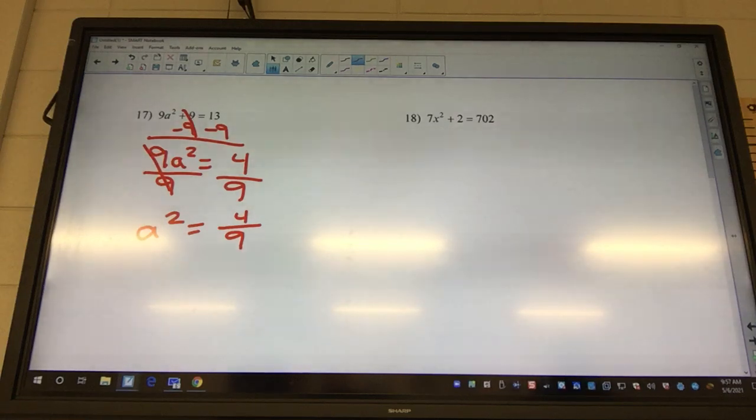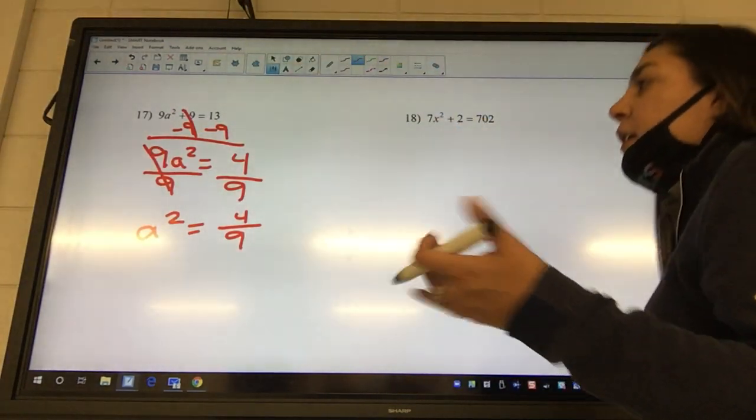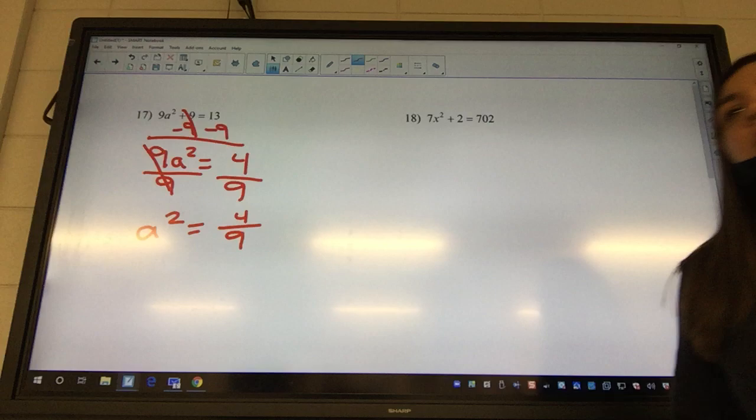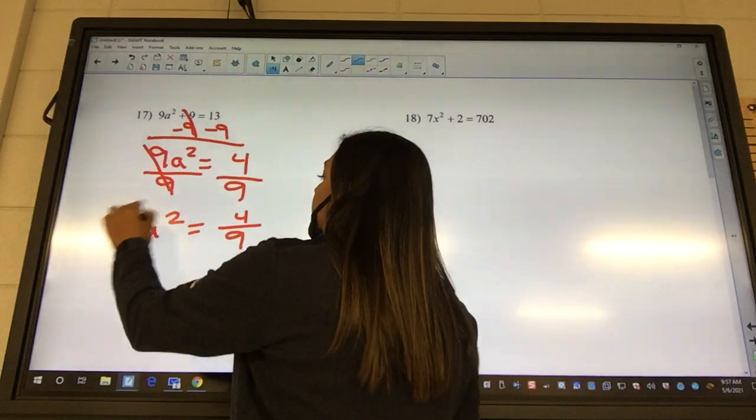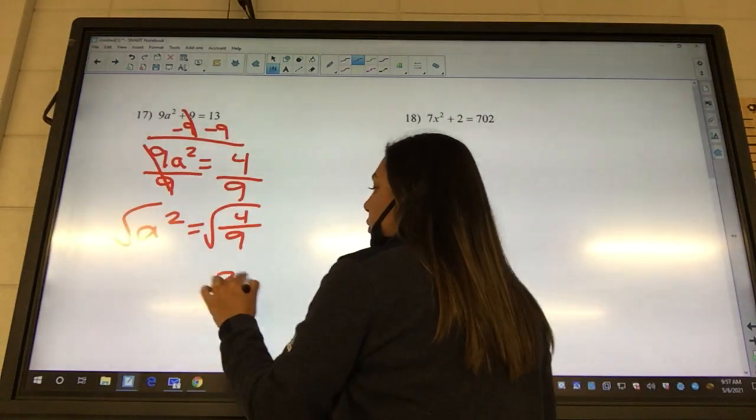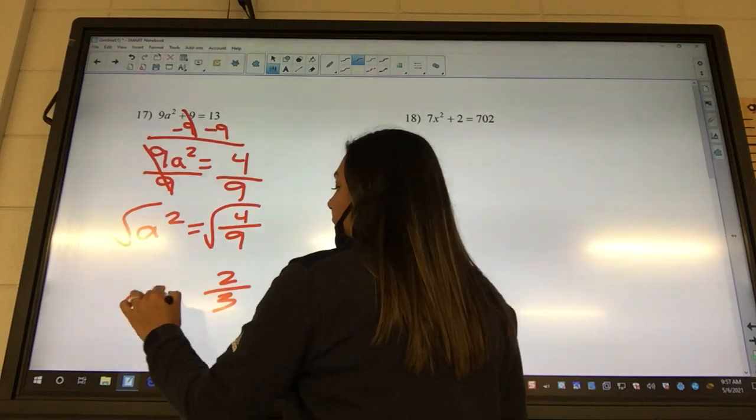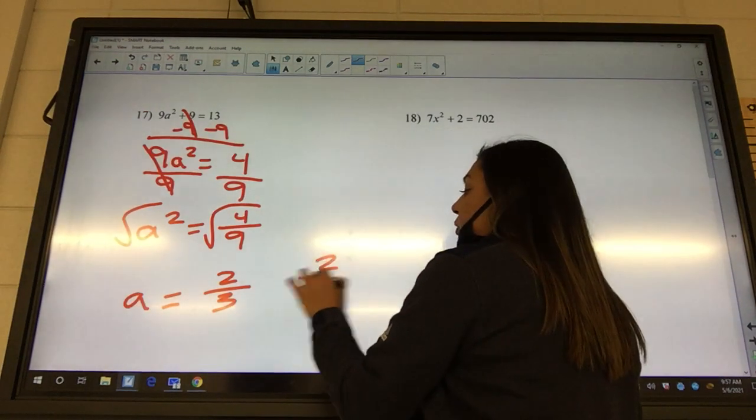In this one, is 4 a perfect square? What about 9? Is 9 a perfect square? Yeah, it is. So you can do this without trying to reduce the fraction. We can square root, so you're going to have 2 over 3 and negative 2 over 3.